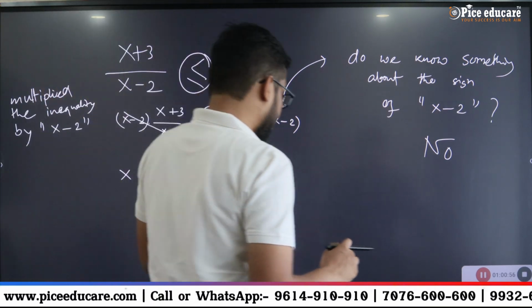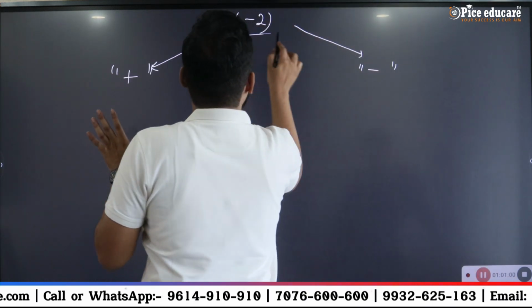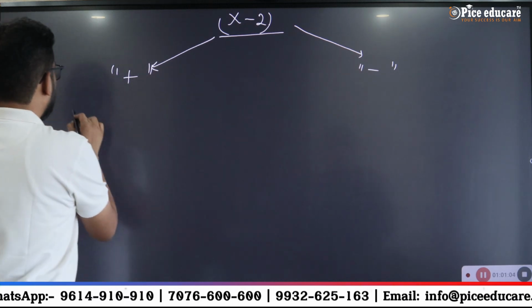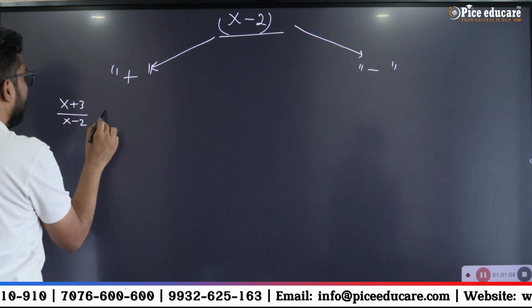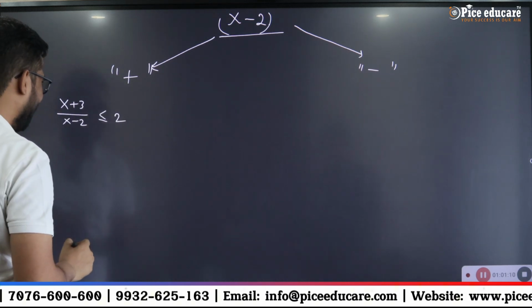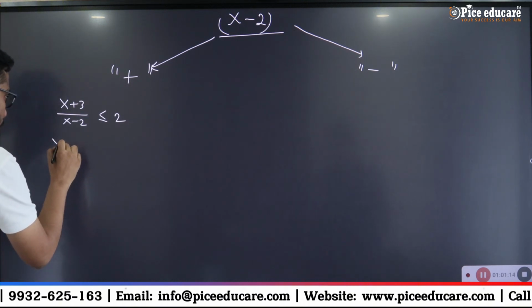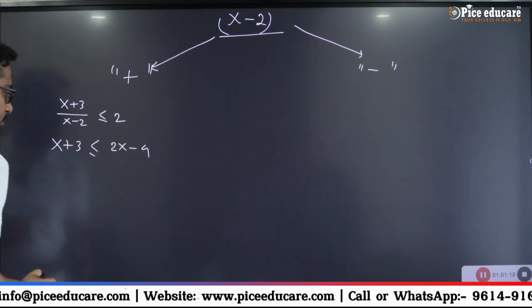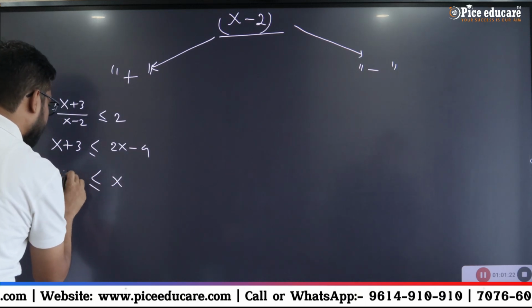So if I take this into account, and you branch out into these two cases, when x minus 2 is positive, then x plus 3 by x minus 2 less than equal to 2, I can multiply it by x minus 2, so x plus 3 becomes less than equal to 2x minus 4, and x becomes greater than 7.